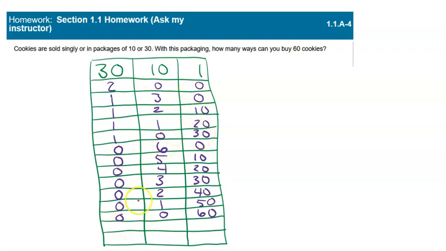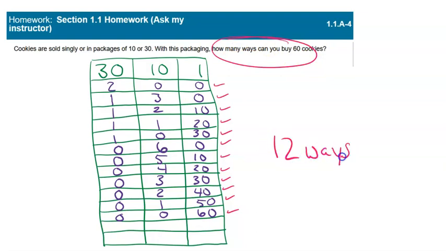And then finally 0 and 6 being the biggest it could be and then working my way down. So how many options is that? Let's see. I got 1, 2, 3, 4, 5, 6, 7, 8, 9, 10, 11, 12 options. So how many ways can you buy 60 cookies? You can buy 60 cookies 12 different ways.